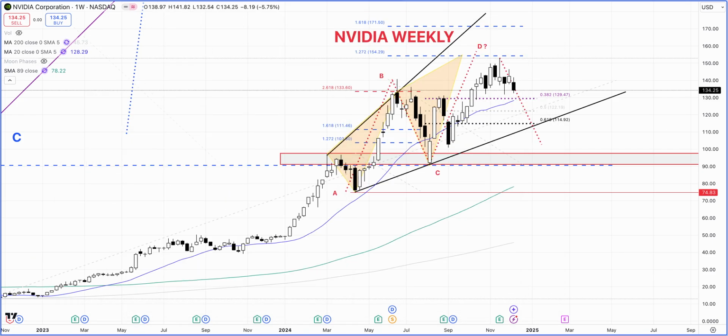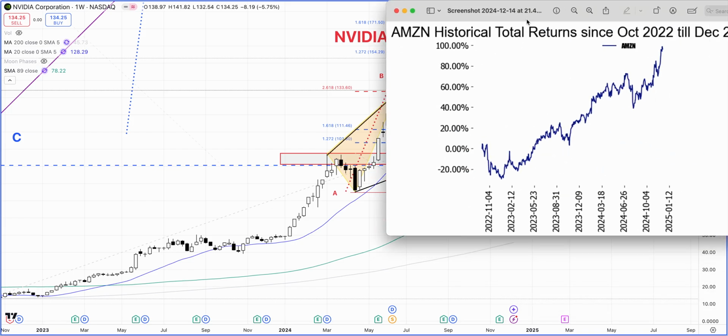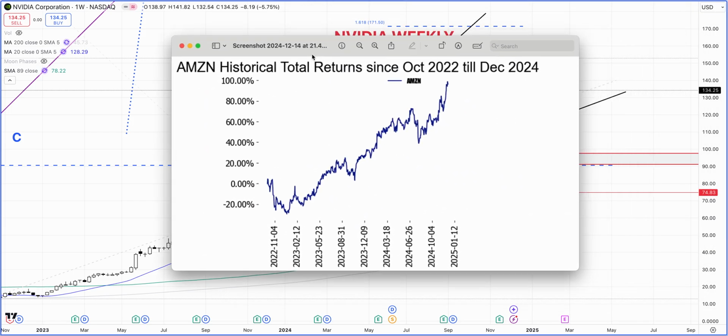And now let's take a look at Amazon. Here we go. You can see that the Amazon stock has also returned about 100%, very similar to the Google stock. If you had a portfolio with stocks such as Google and Amazon, you would have been rewarded quite well.